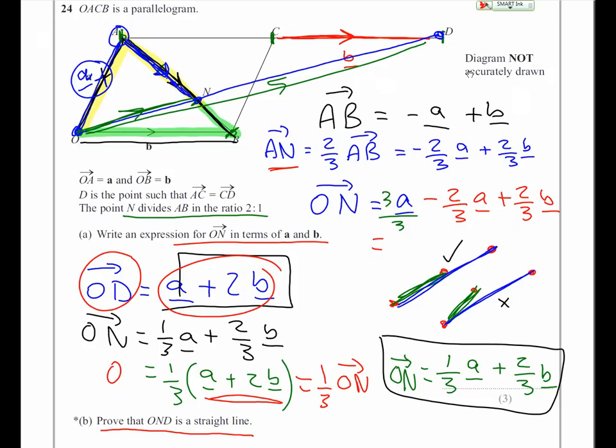Sorry, that should be OD because we took this one. So therefore, straight line, because one is a multiple of the other.